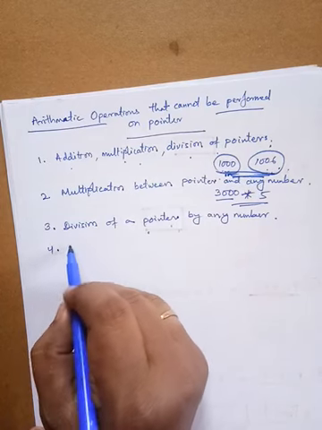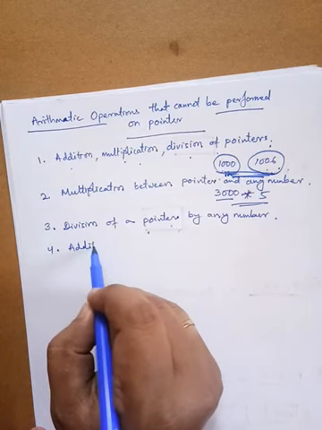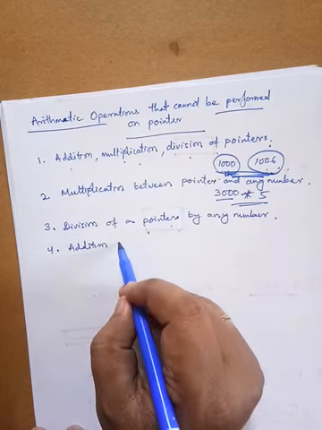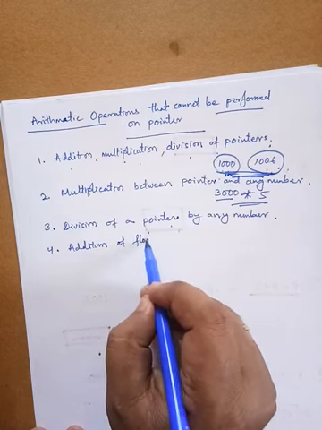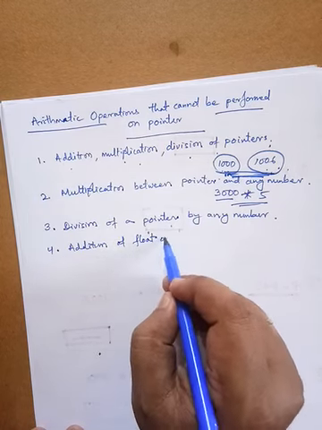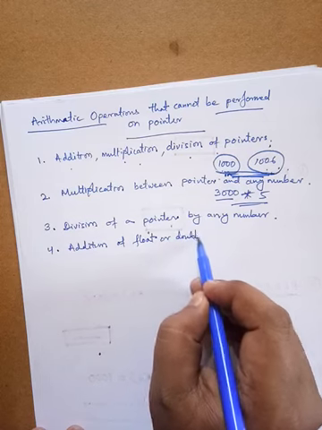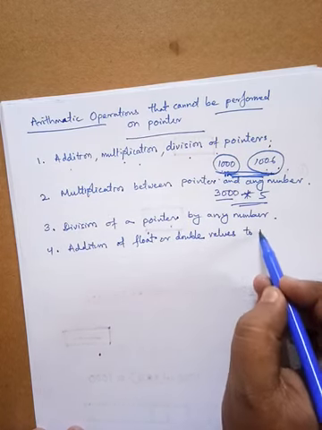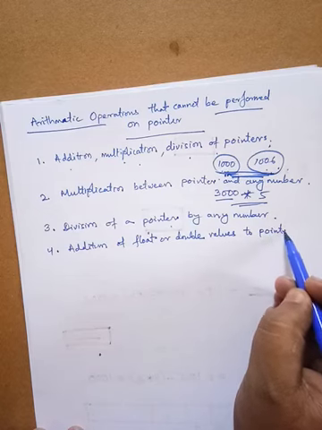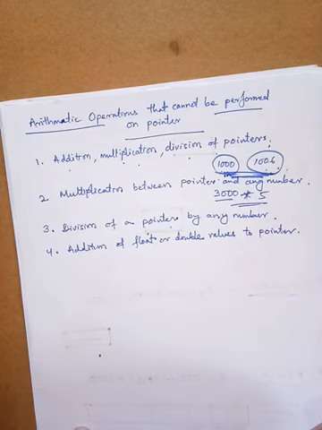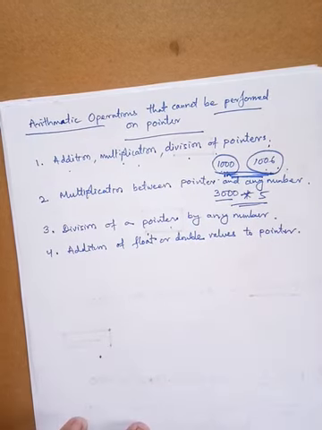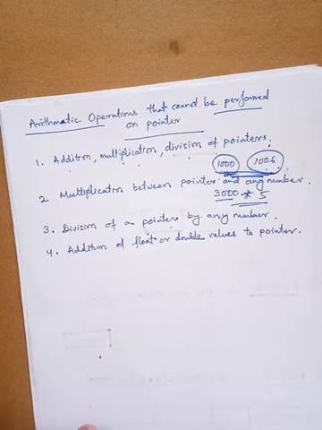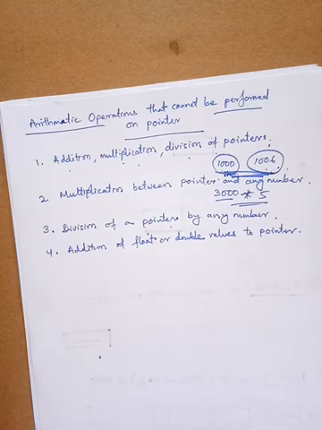Then another is addition of float or double values to pointers. Addition of float or double values to pointers. So these operations cannot be performed on pointers.